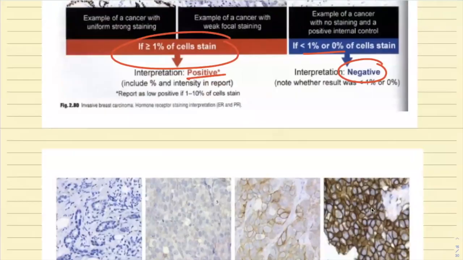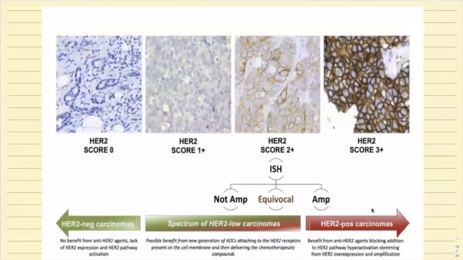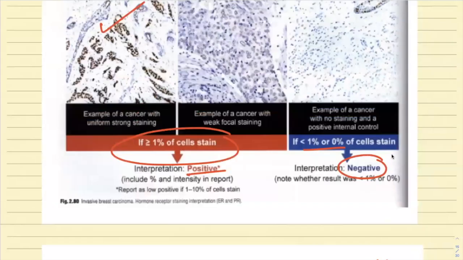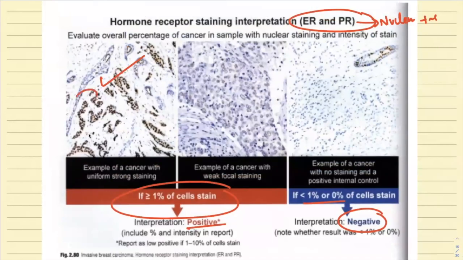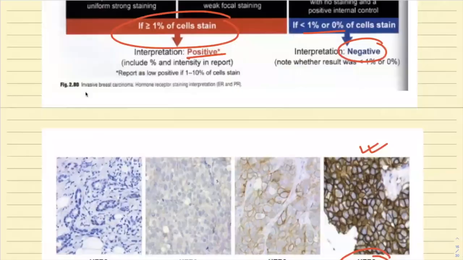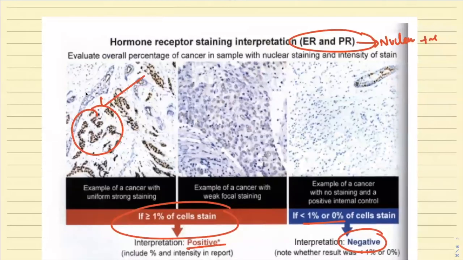Okay, very simple. Now, similarly for the HER2, there is a different scoring system. Now only HER2 score 3 is taken as positive, and they show membranous positivity. Only the membrane is stained. Whereas in case of ER, there is nuclear staining. So remember this: in ER-PR, it is nuclear positivity.